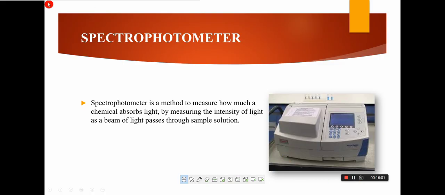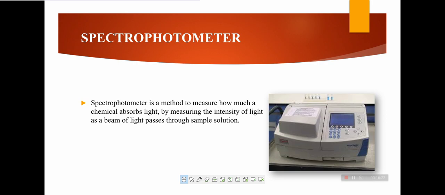Spectrophotometry is most commonly applied to ultraviolet, visible and infrared radiations. Modern spectrophotometers can also interrogate a wide range of the electromagnetic spectrum including X-ray, ultraviolet, visible, infrared and even microwave wavelengths.